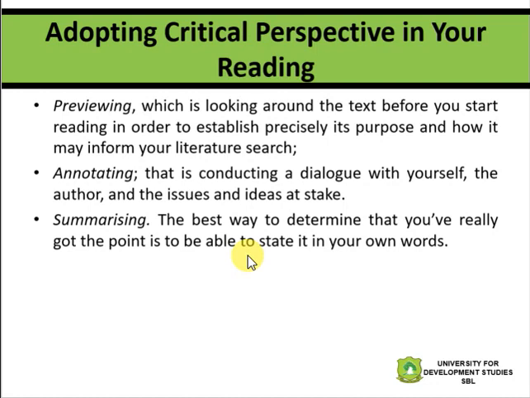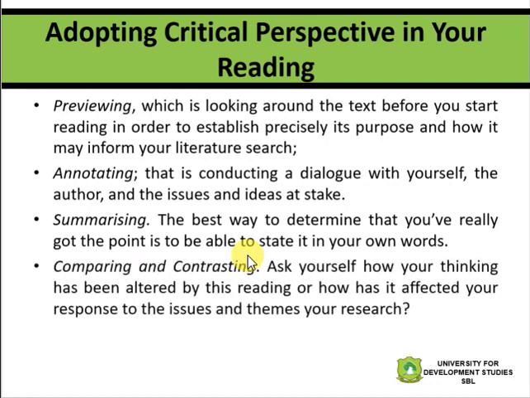When you have done the summarizing, the next aspect for you to do will be to compare and contrast. And to do this, you need to ask yourself how your thinking has changed by reading this particular paper, or how it has affected your response to that particular issue. Maybe you may have some initial ideas, but after reading the paper, it may have changed.